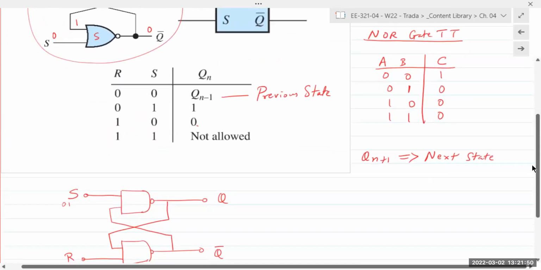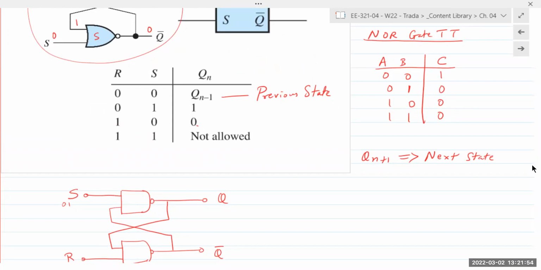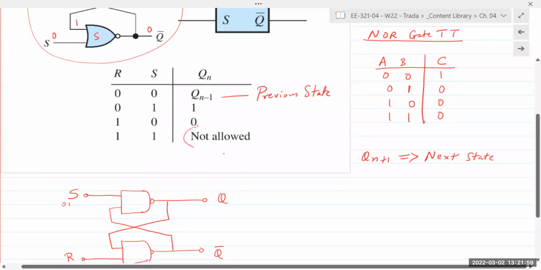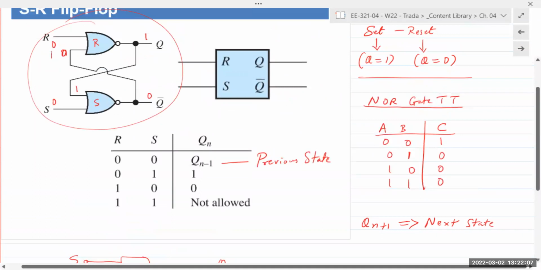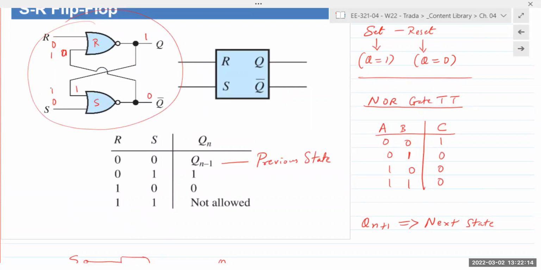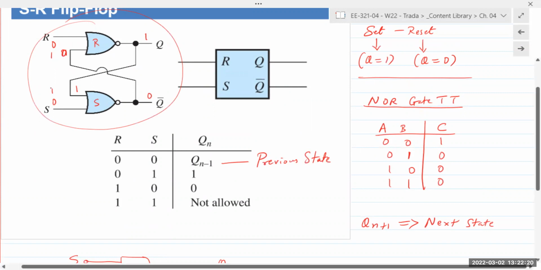The truth table still remains the same. The SR flip-flop still has an undetermined output when both inputs go high. That's why it says not allowed. If R is high and S is high, we don't know what state Q or Q naught would be. There's no predicting what that machine would do. Q could go 0, Q could go 1.